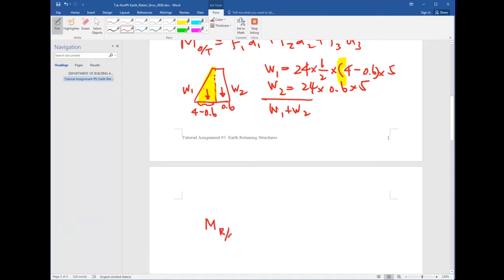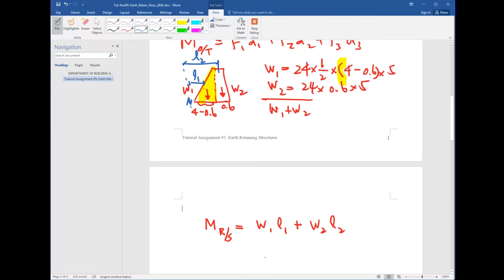The restoring moment. The stabilizing moment is equal to W1 L1 plus W2 L2, right? What's the L1? That's about the toe. So what's the L1? And what's the L2?